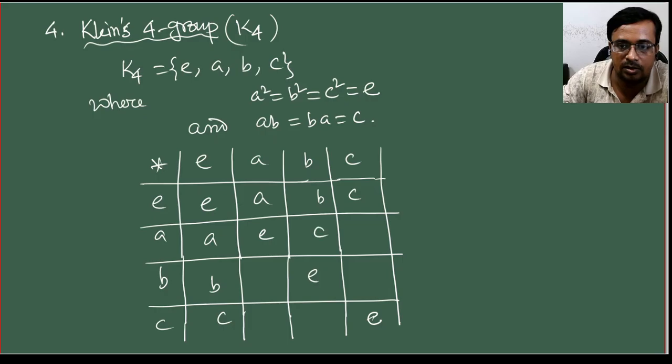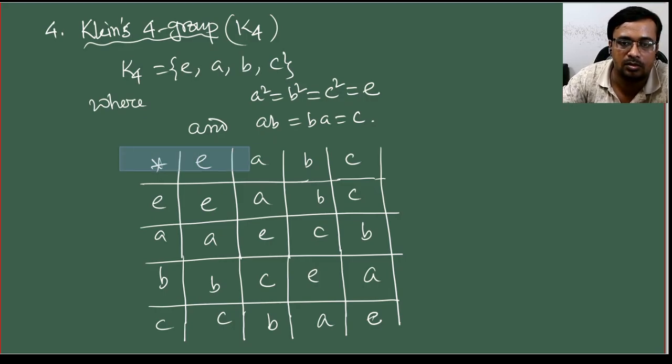And we want BA to be C, CA to be B, AC to be B, and BC equal to A, and CB equal to A. So this is the multiplication table we want.